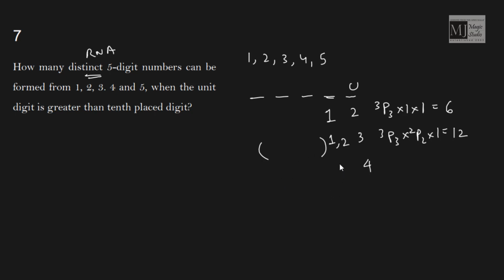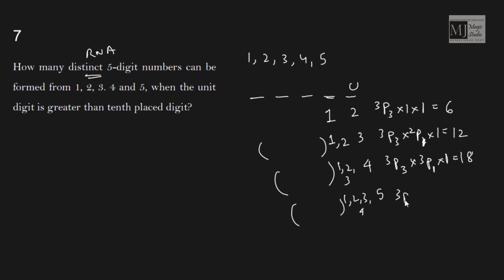Again, if I take 4 in the unit place, I can have 1, 2 or 3 in the 10th place. So this should be 3P3 into 3P1 into 1. 6 into 3, 18. Similarly, if I take 5 in the unit place, in the 10th place I can have 1, 2, 3 or 4.